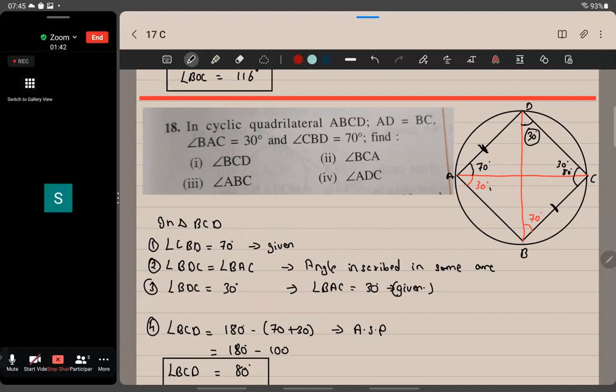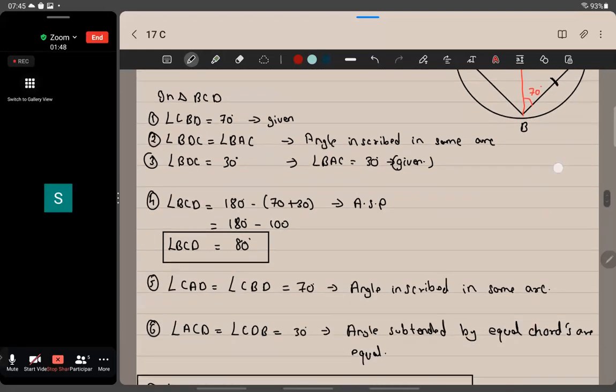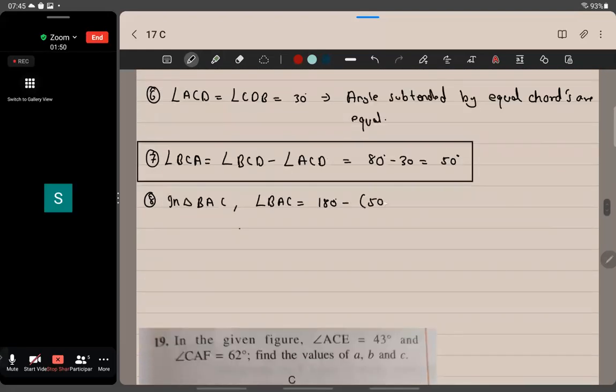This is 30 degree here. We found this is 50 degree. So I can find angle ABC. 50 plus 30, that is using angle sum property. So angle ABC is equal to 100 degree.